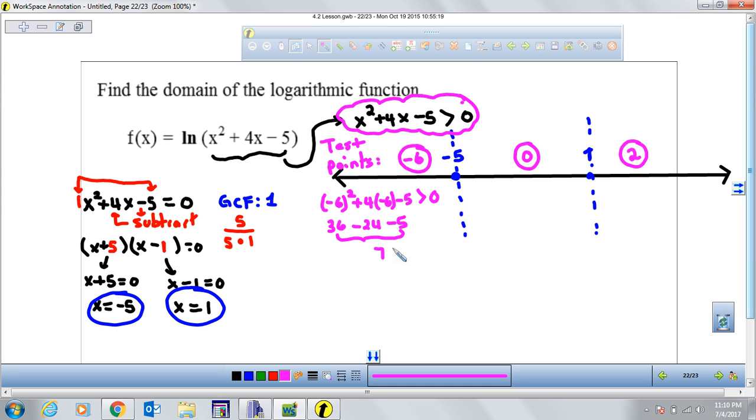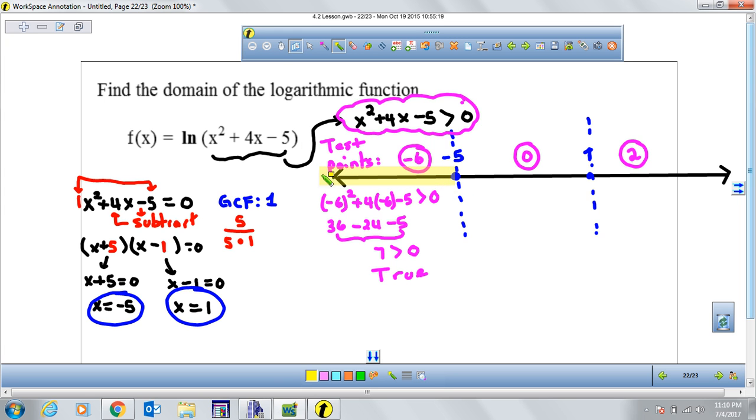It's going to be 7. Is that greater than 0? That is going to be a true statement. What does that mean? That any number from -infinity all the way to -5 is going to make that original inequality true.